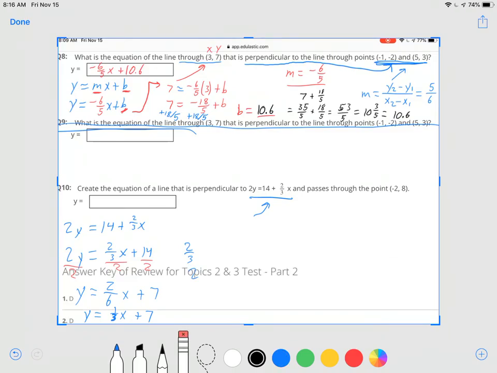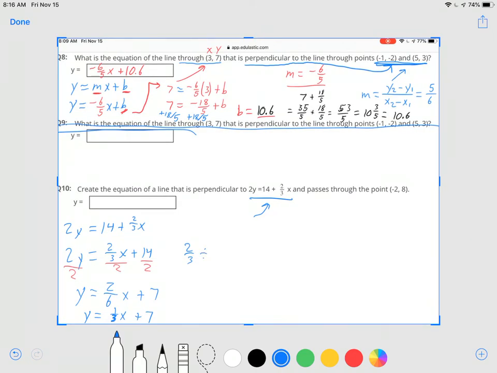Let's use the little division symbol from elementary school. 2/3 divided by 2 is the same thing as 2/3 divided by 2/1. And the way that you do division of fractions is that you multiply instead by the reciprocal. This gives us 2 times 1 at the top is 2, and 3 times 2 on the bottom is 6. That's how we got 2/6 over here on the left.